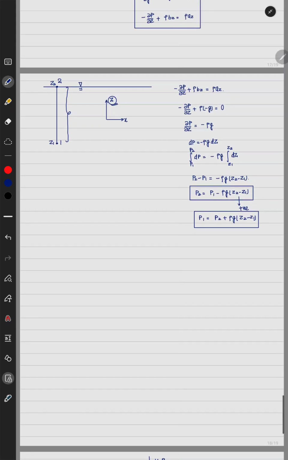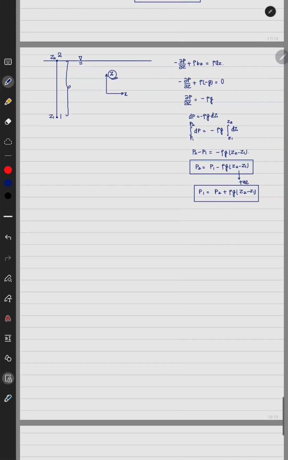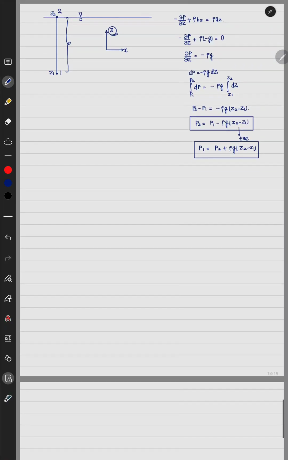Okay, so you can see that pressure at any point is written with respect to the other pressure, like pressure at point 2 is written with respect to p1, how it is less than or greater than p1, or pressure at point 1 is written with respect to pressure p2. So I can say that pressure is expressed in terms of reference of some pressure.